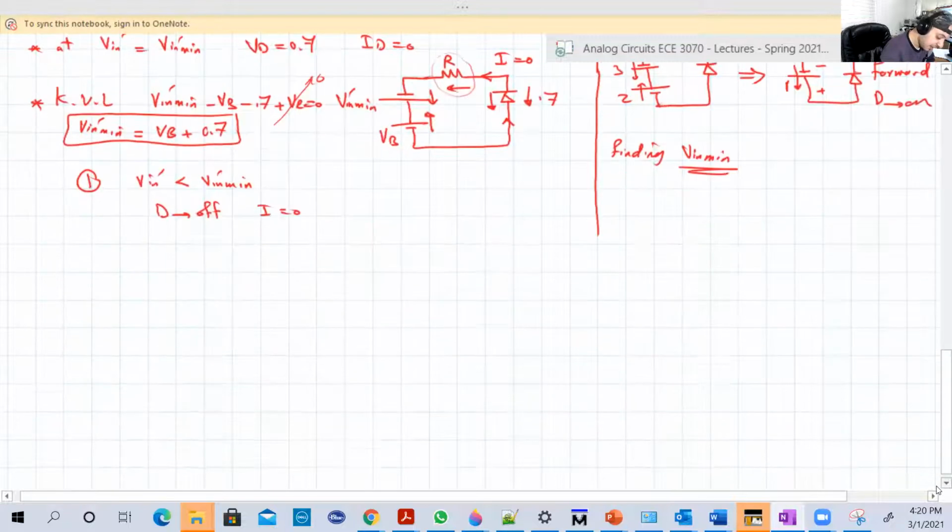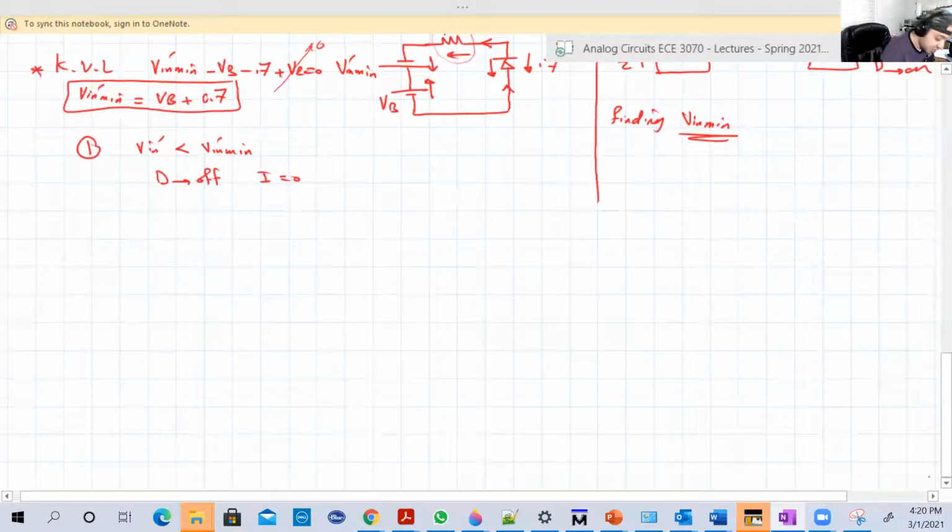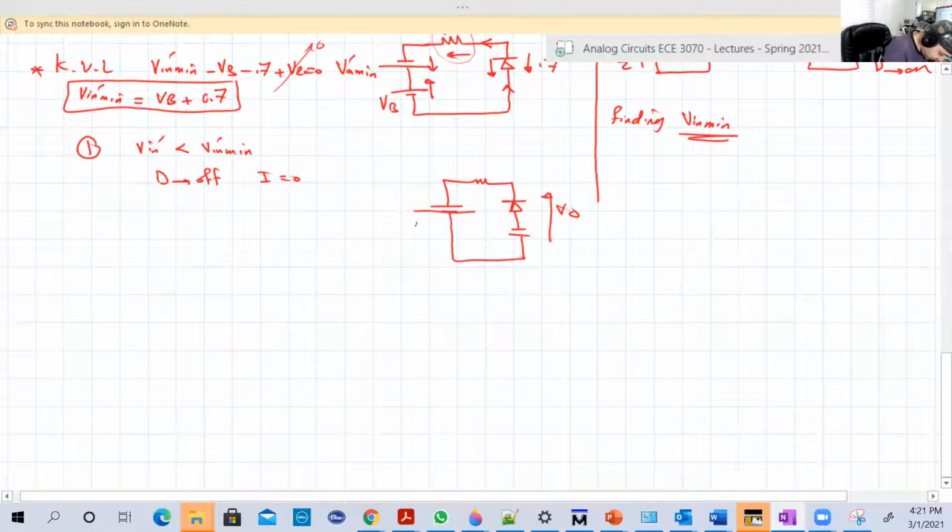And now return to the original circuit because we want to calculate V output, which is the voltage of the diode and Vb. So this is the original circuit here, and here is VO. And here is V input, or V input dash, as we call it.